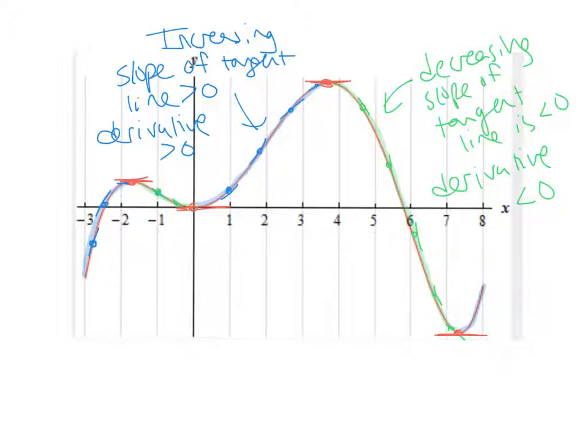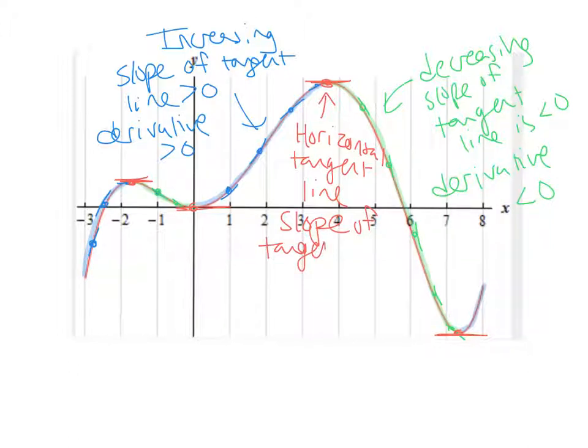So anywhere that you have a horizontal tangent line, the slope of the tangent line is equal to 0, and the derivative is equal to 0 at those places.